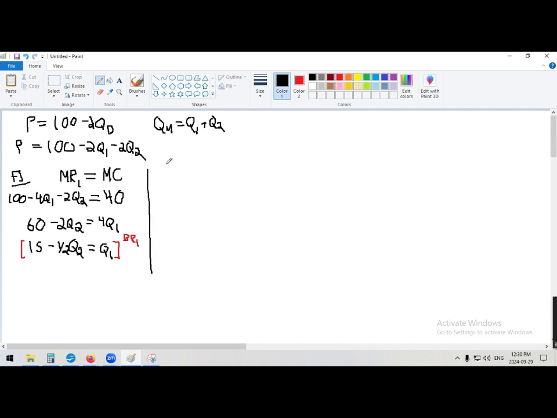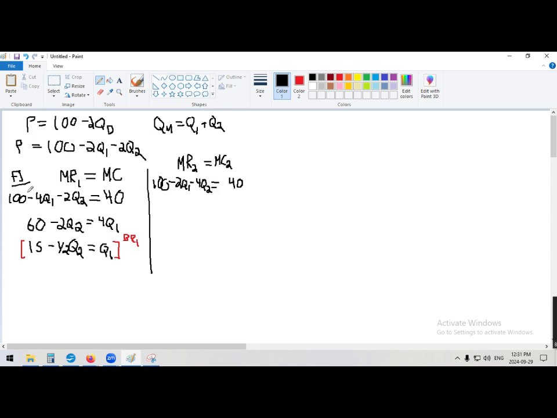Then we can do the same thing for the second firm. We say, okay, we have marginal revenue 2 equals marginal cost 2. So similarly, they have the same cost of 40. And then for the marginal revenue for the second firm, we just have to put the 2 in front of the Q2 instead of the Q1. So we're going to have 100 minus 2 Q1 minus 4 Q2.